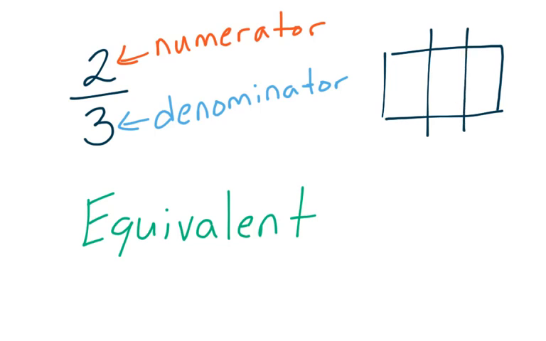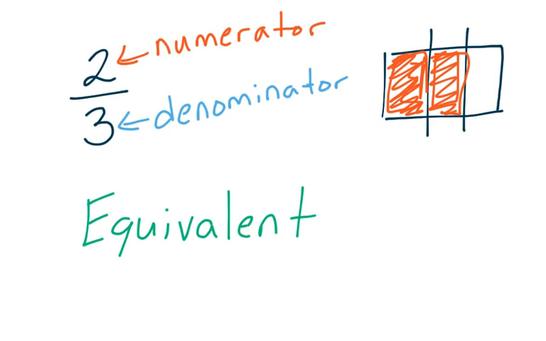Now, 2/3 would represent, or could represent, if I had 2 out of 3 of these pieces shaded in. In order for me to create an equivalent fraction, I need to make a fraction that has maybe more sets or maybe less parts, but that also has the same amount of the shape shaded in.